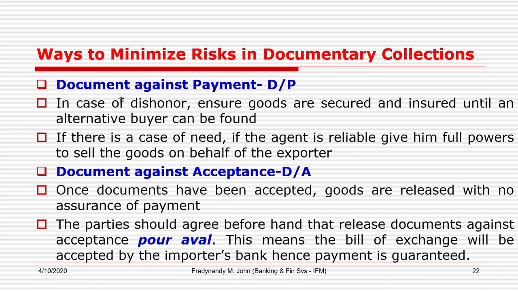The parties should agree beforehand that the documents are released against acceptance provided the bill of exchange will be accepted by the importer's bank, and hence payment is guaranteed. And this is what I earlier mentioned, what we call avalization. That is, the importer's bank will accept the bill of exchange on behalf of the importer himself.